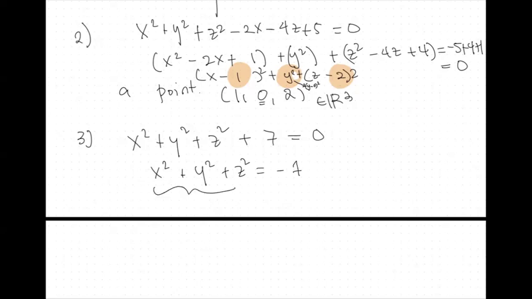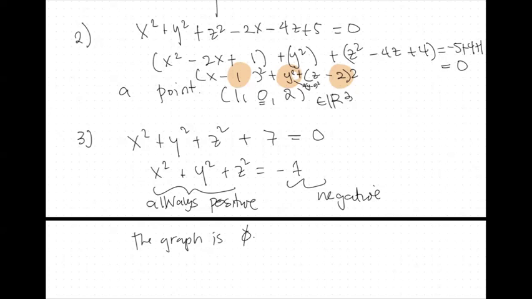So this is always positive, and this is negative. So something positive cannot be equal to something negative. So here the graph is an empty set. This is like a symbol for empty set.